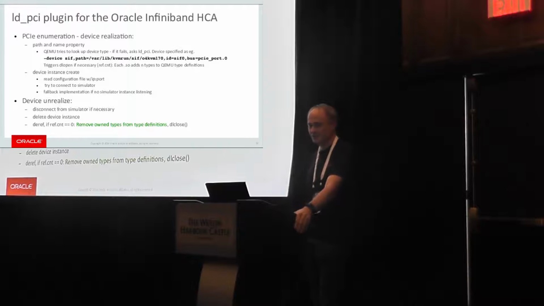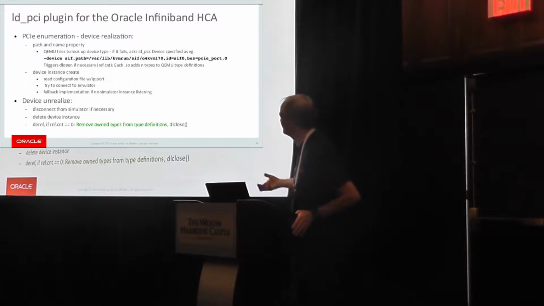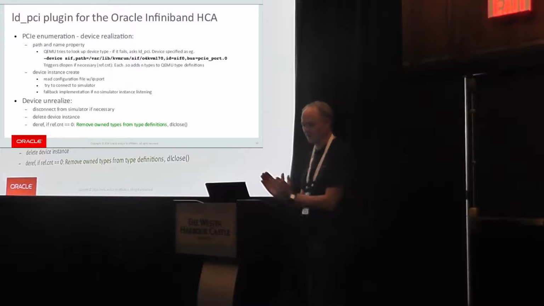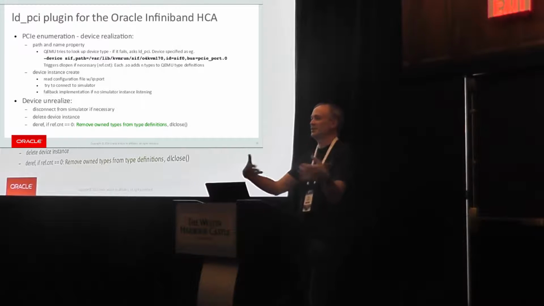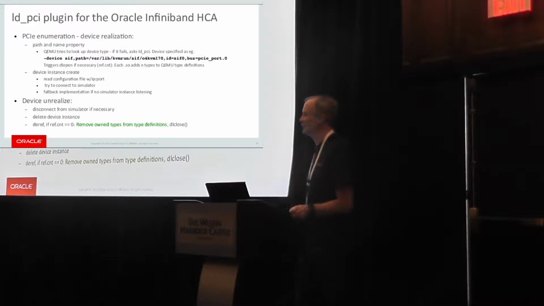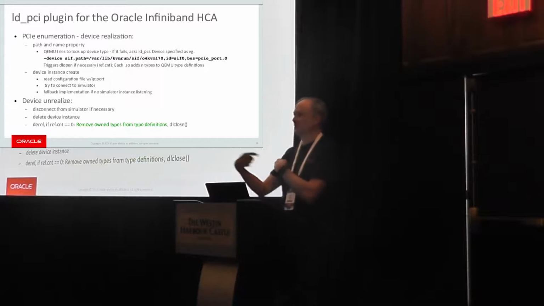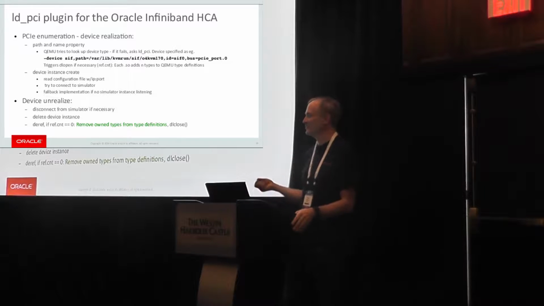And then during instance create, the API in this .so file gets called for this particular implementation, and within that implementation we read the configuration file, and for our device model we then try to connect to the simulator. If that works out, then the simulator takes over and does a lot of the work, and the plugin is only forwarding transactions to the simulator.